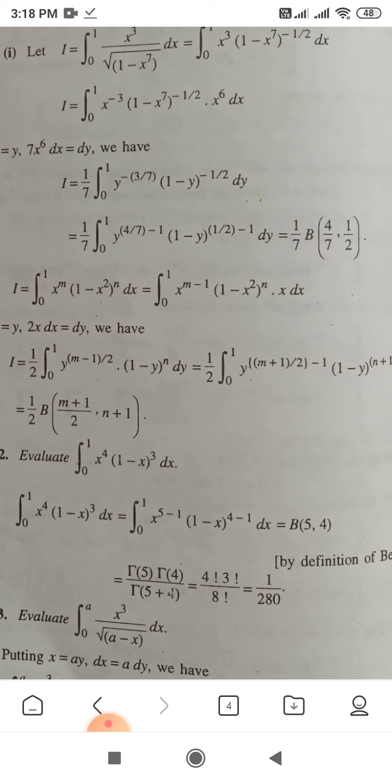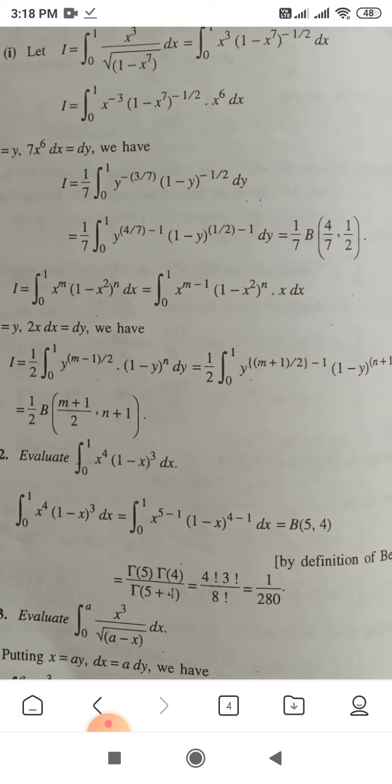So at the place of m is 5, at the place of n is 4, then it is beta 5, 4. Beta 5, 4 converts into the gamma form. Beta mn is equal to gamma m gamma n upon gamma m plus n.